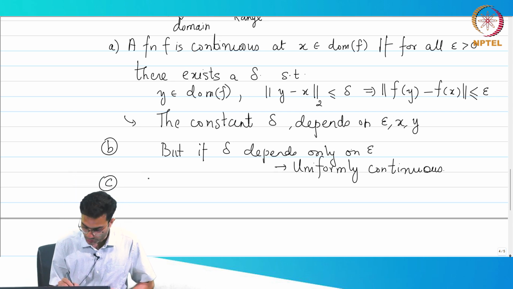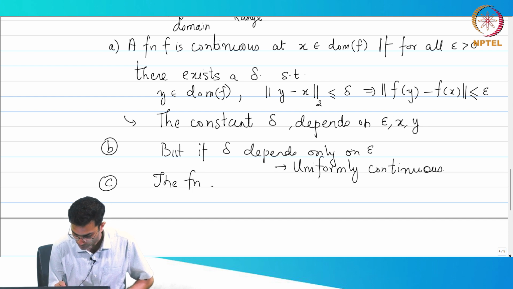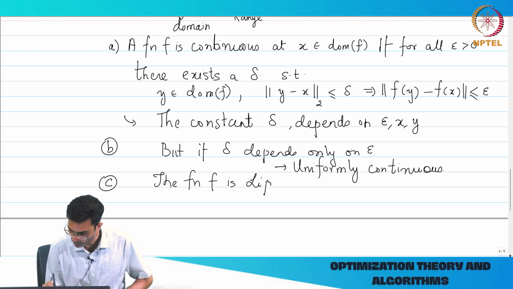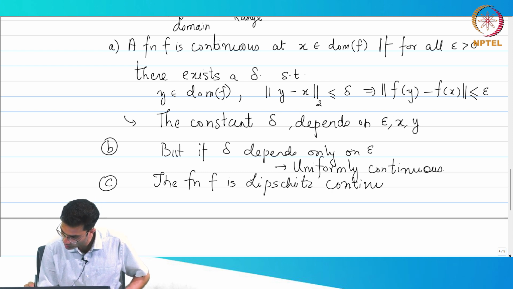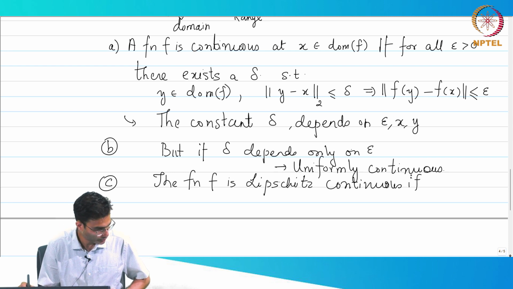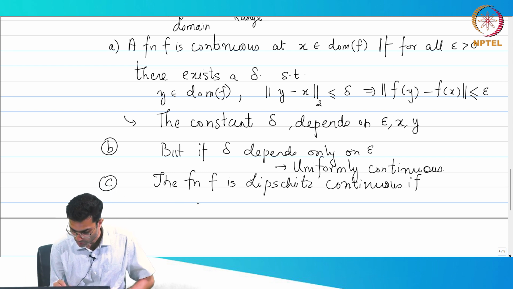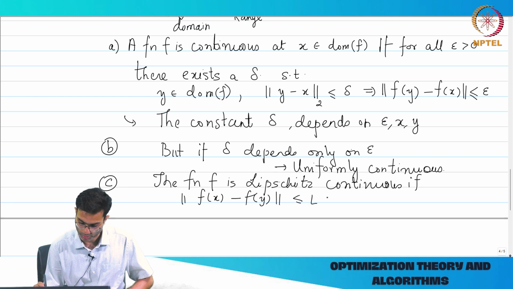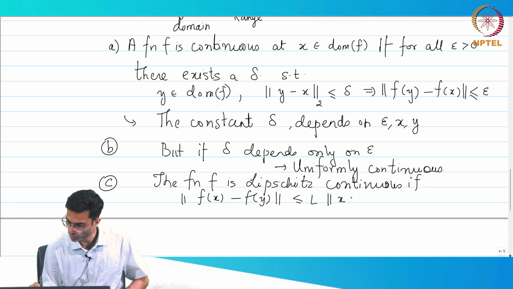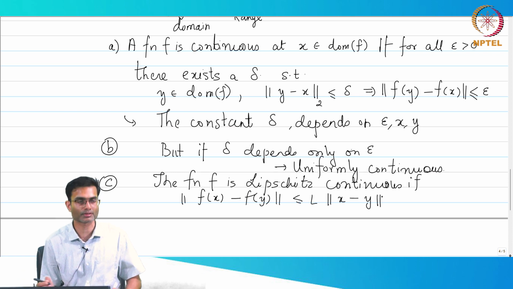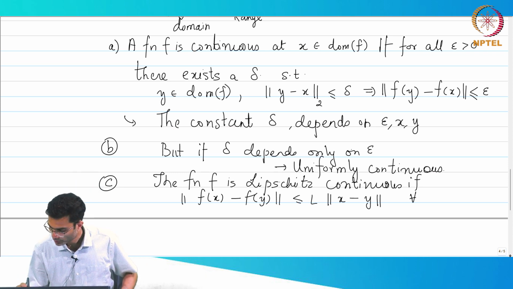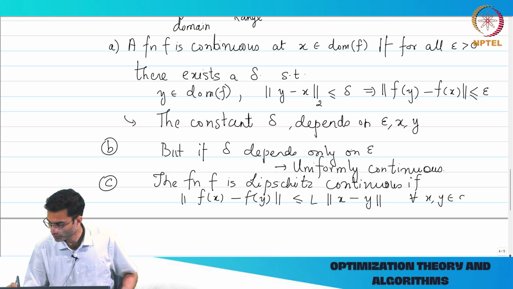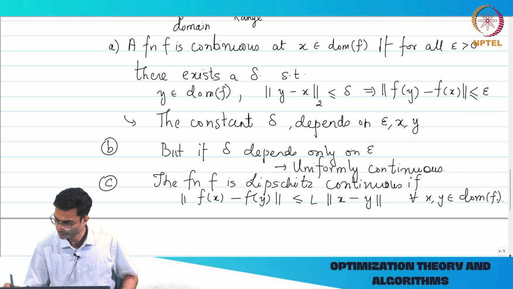So for the function f, this distance |f(x) - f(y)| is bounded by some constant L times the distance between x and y, for all x and y belonging to the domain of f.